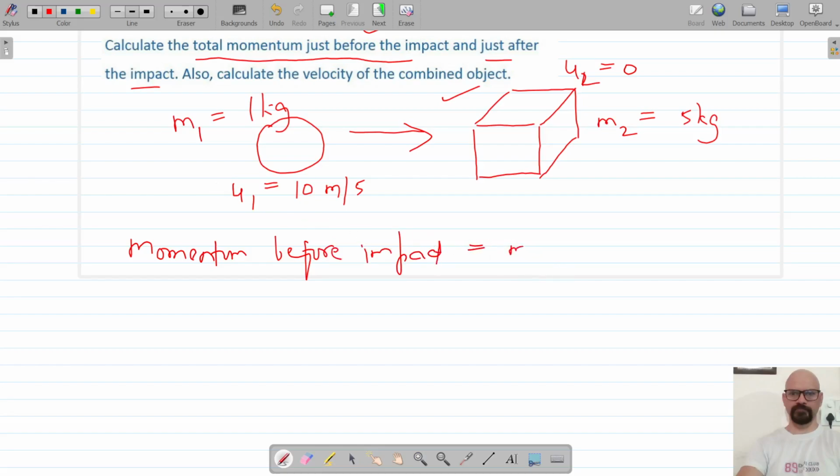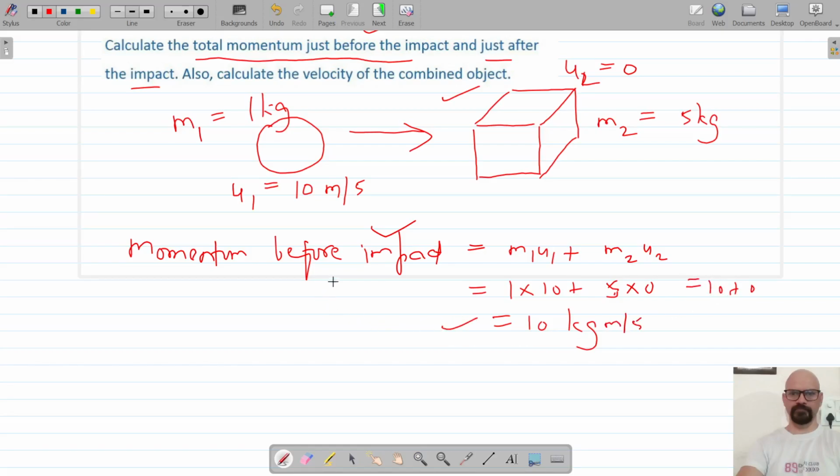So momentum before impact is the momentum of the first body plus momentum of the second body. Mass is 1, its velocity is 10, mass is 5, initial velocity is 0 because it's stationary. So here the momentum before impact is 10 kg meter per second, because this is equal to 10 plus 0, which is 10.